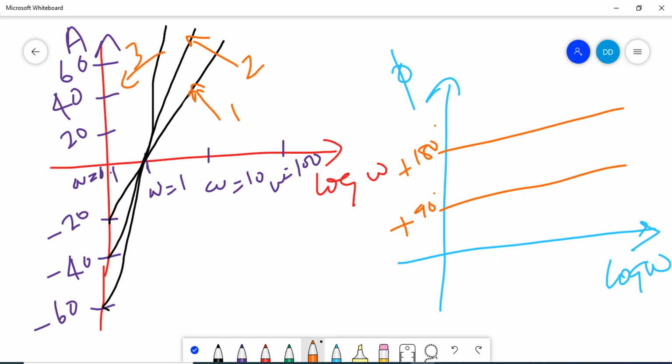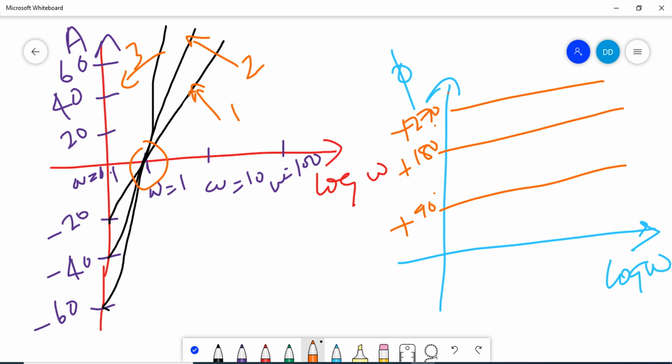So plus 20, plus 40 and plus 60 dB per decade. Similarly, our phase angle is plus 90 degrees, plus 180 degrees, plus 270 degrees and so on. Here you can observe that the straight line crosses the 0 dB line at omega equal to 1.